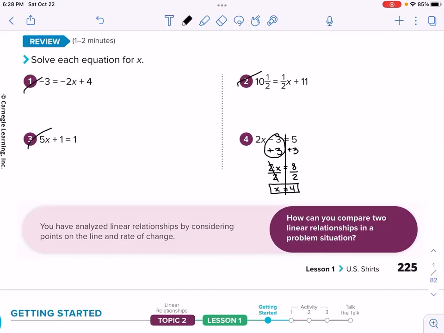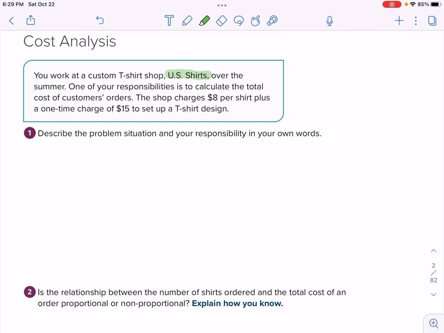Let's go to page 226. Total cost is figured out by using $8 per shirt plus a one-time charge of $15 to set up the design. So number 1, describe the problem situation and your responsibility in your own words. Okay, so we're going to say that the total cost is determined by a couple of things.